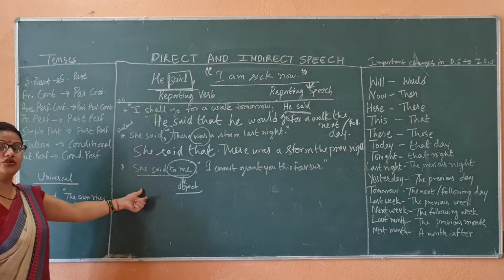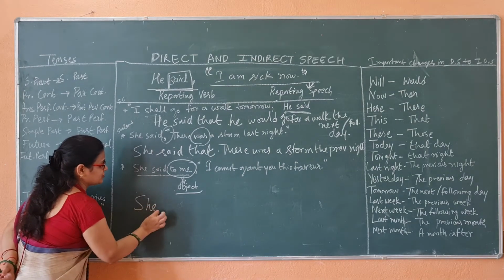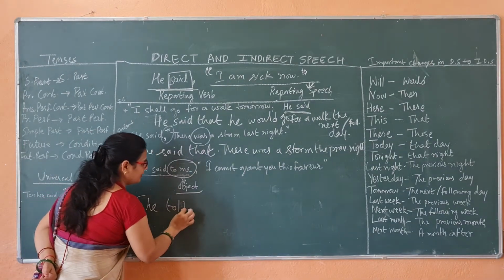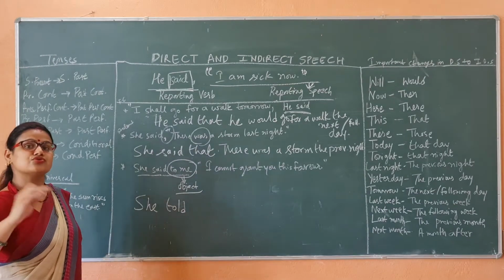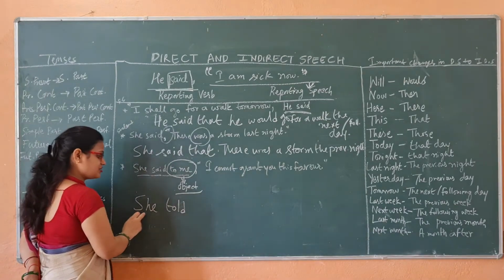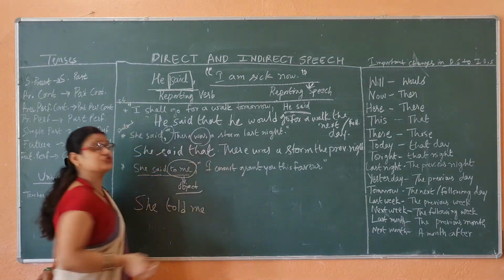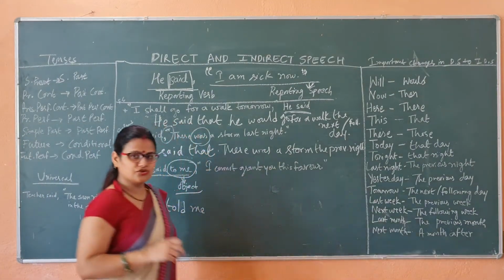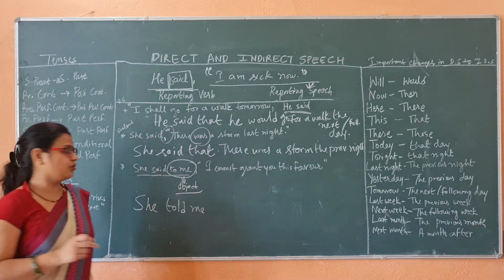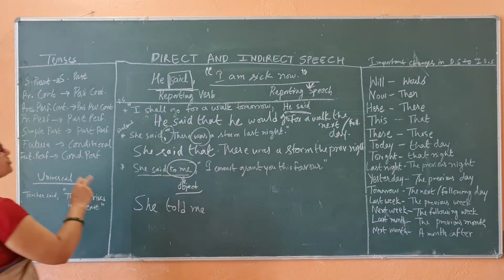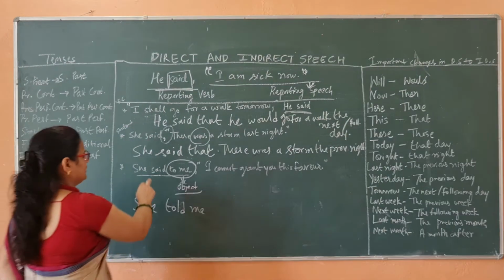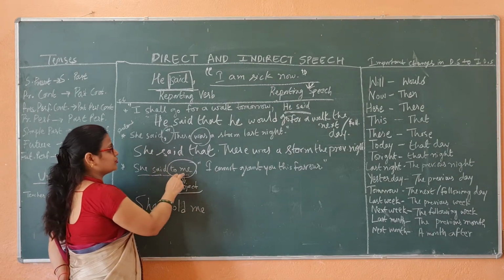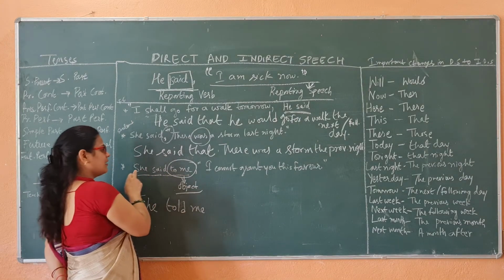Right? So now you change for indirect speech: she told. Now don't use to me. It simply says she told me. Now what did she tell me? I cannot grant you this favor. So did she say this to me? No. So what will she use? She said to me. This sentence is said to this person by her.